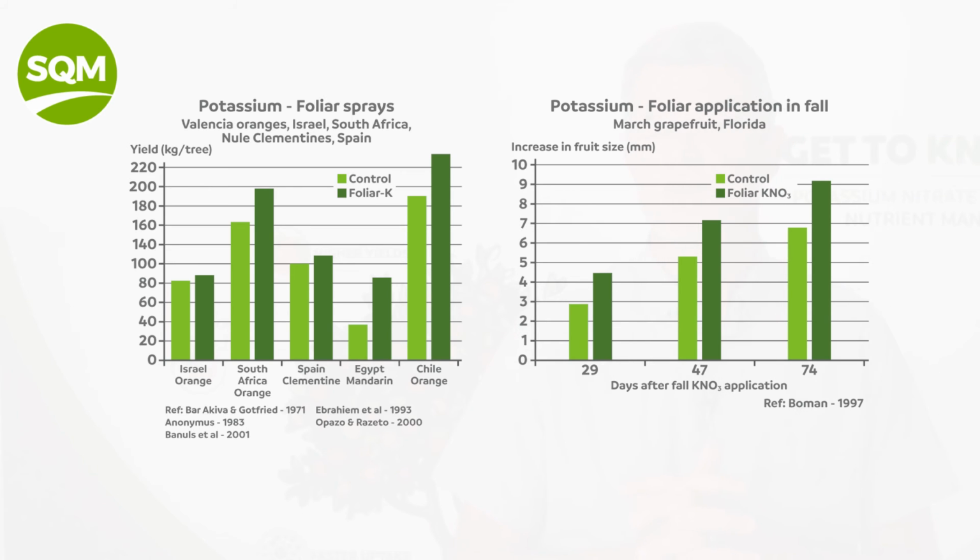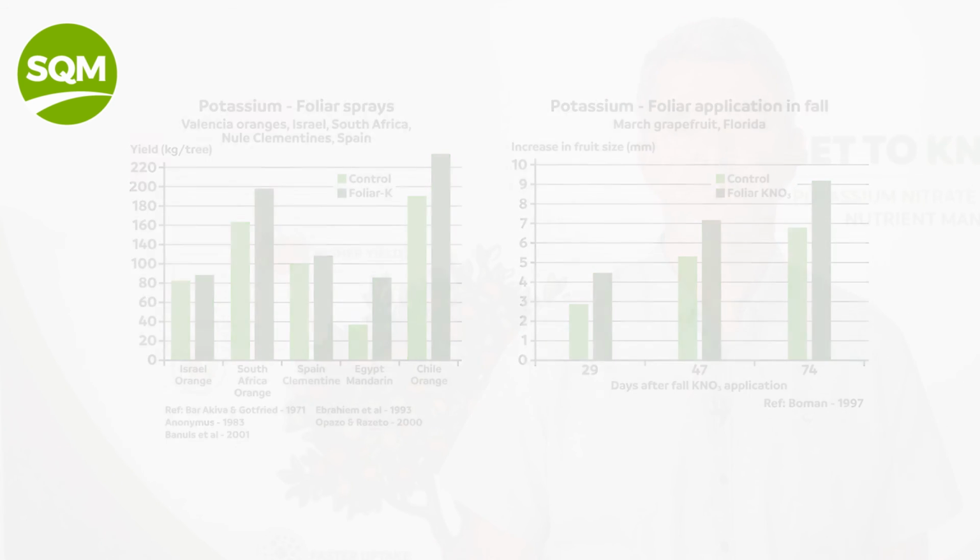The graph on the right shows one application of potassium nitrate in marsh grapefruit. This was done in Florida, and you can see that there was an increase in fruit size, that's the y-axis, over time because of that foliar application of potassium nitrate.